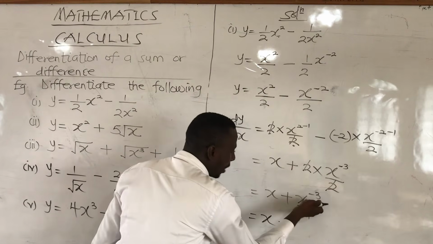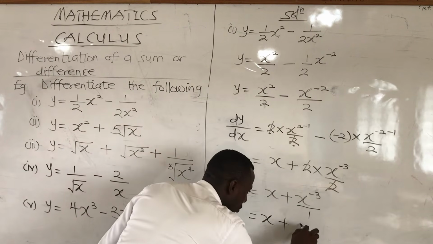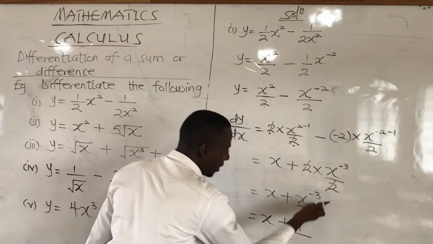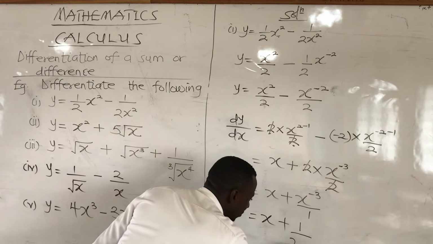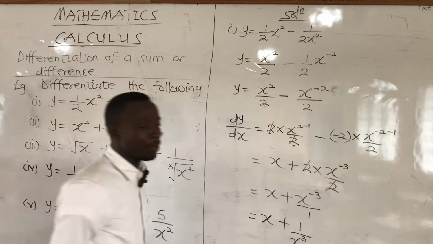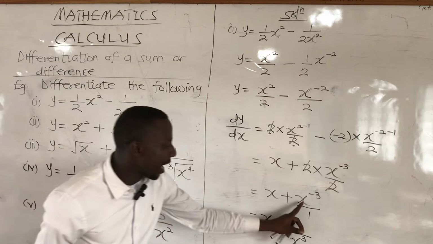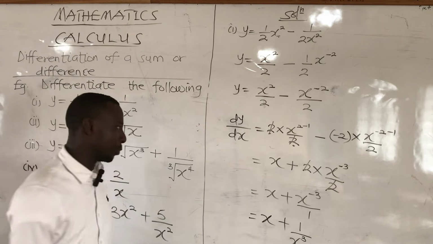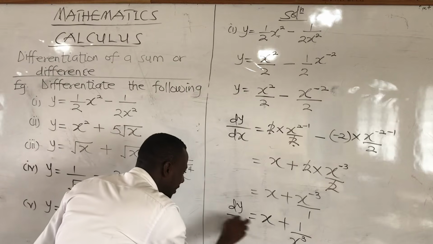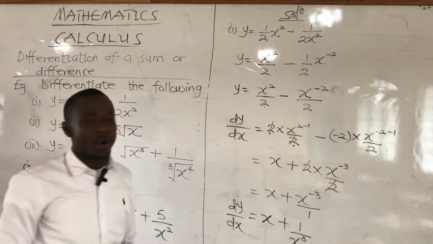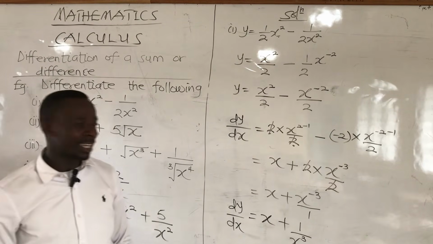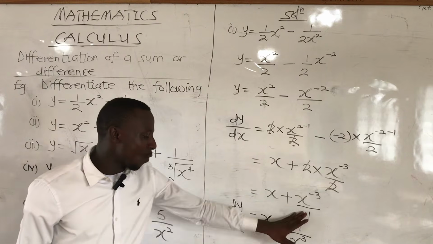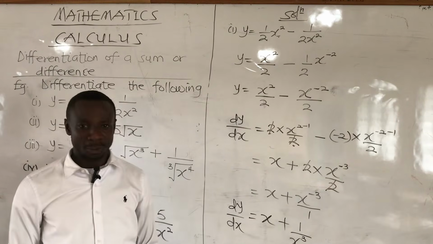So when you pull everything from top, we are going to be left with only 1. And when this one comes down, now the exponent will be positive. So x exponent negative 3 is the same as 1 over x cubed. And this is the final answer for dy over dx. So the answer is x plus 1 over x cubed.